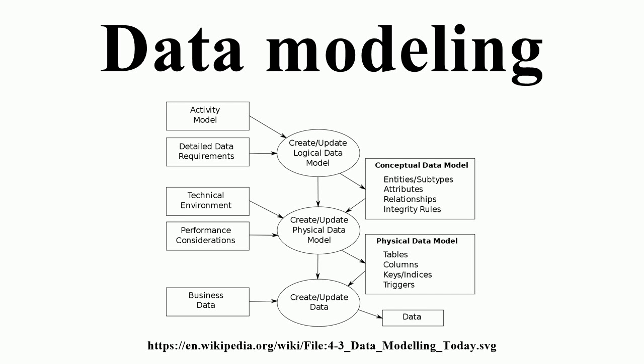Entity relationship diagrams. There are several notations for data modeling. The actual model is frequently called entity relationship model, because it depicts data in terms of the entities and relationships described in the data. An entity relationship model is an abstract conceptual representation of structured data.